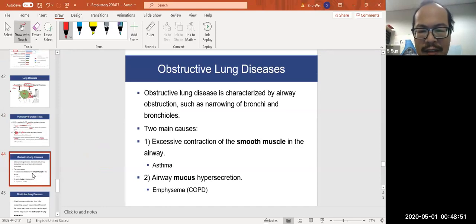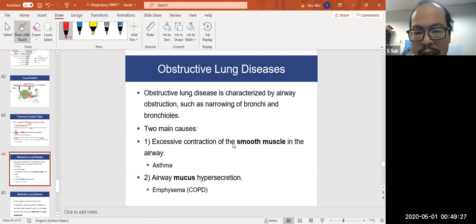Obstructive lung disease is very common. Chronic obstructive lung disease is also called COPD, and that is usually related to emphysema due to chronic smoking. And this obstructive airway narrowing can be caused by one of these two mechanisms.